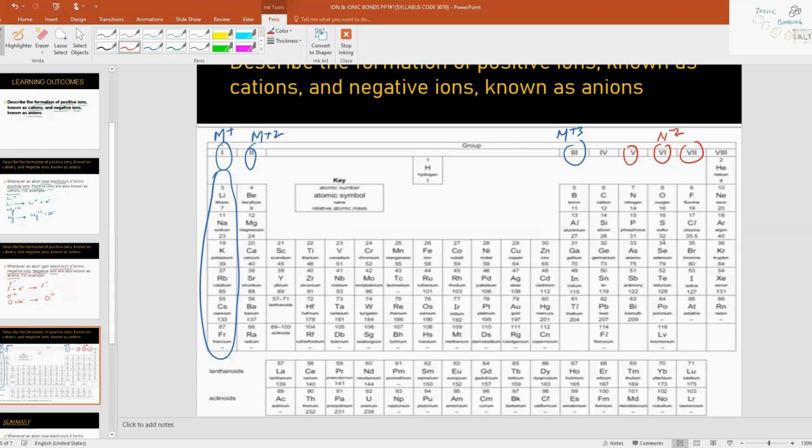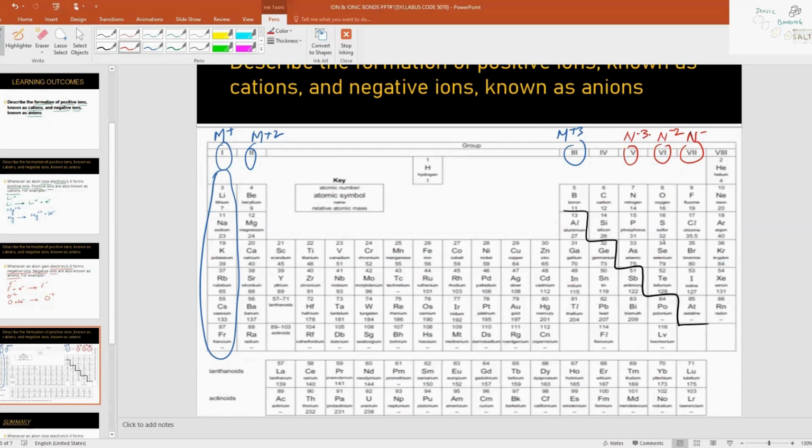Remember one point: these should be above the staircase line. We know that above the staircase line we have non-metals. So you can predict the formula of the negative ion formed by group 7. It will be N−. Group 5 should be N3−.